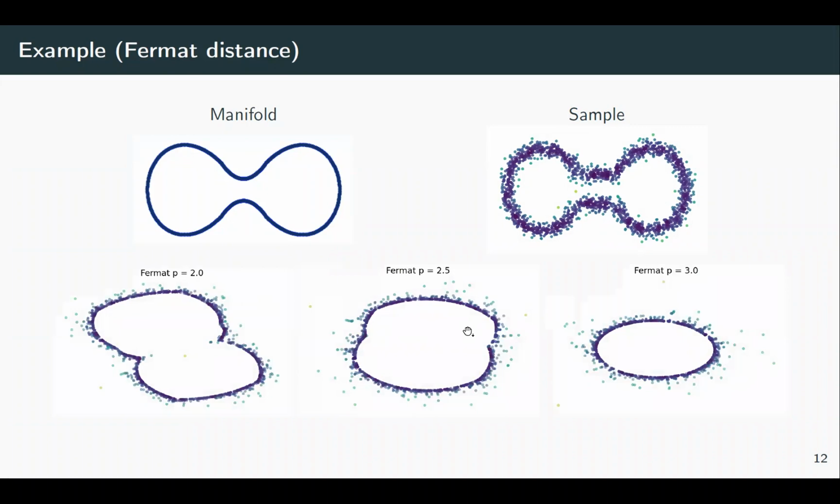Here we're using an algorithm called multidimensional scaling. You can see that as the value of P increases, you can see more clearly the original topology of the manifold. There is also an effect that makes points in areas of low density be transformed into outliers, okay?